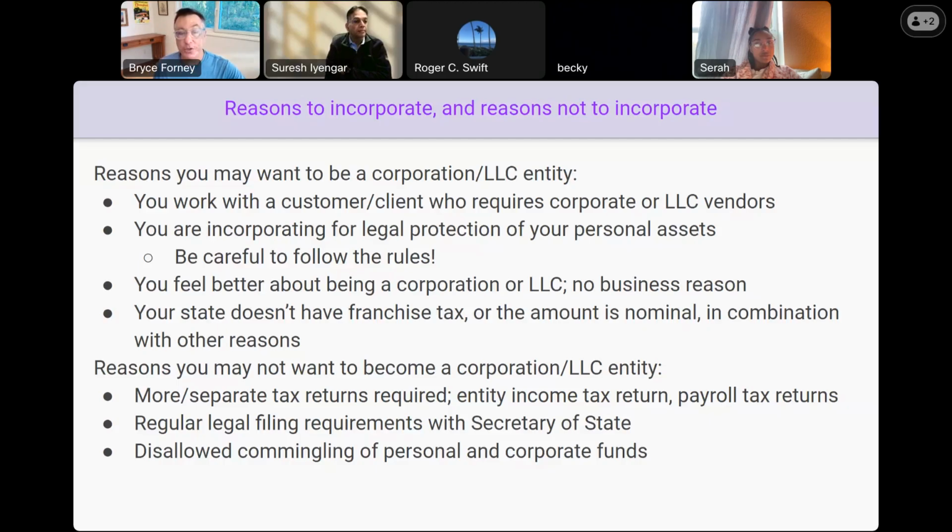So particularly if you self-prepare your individual tax return, if you become an LLC, S Corp, or C Corp, you are most likely going to hire a preparer to prepare that tax return. So there's a separate tax return. If you're an S Corp, you're paying yourself through wages, so there are going to be payroll tax returns. Most small business owners who are S Corp are going to use a payroll service for payroll.